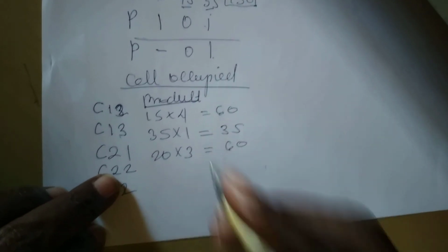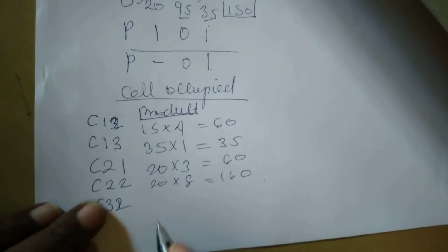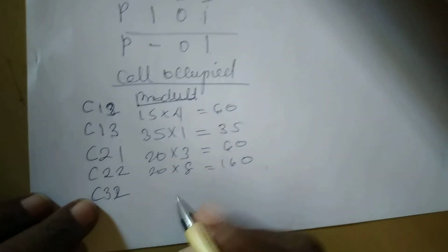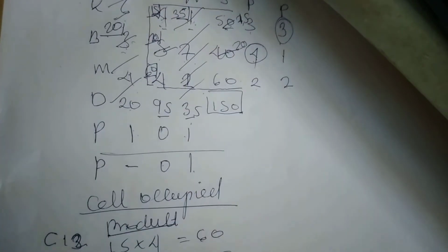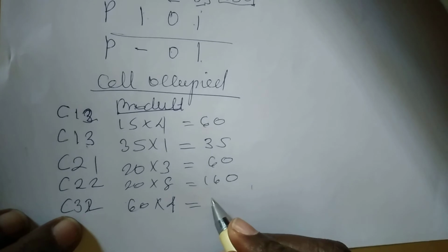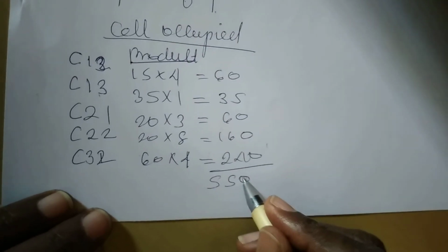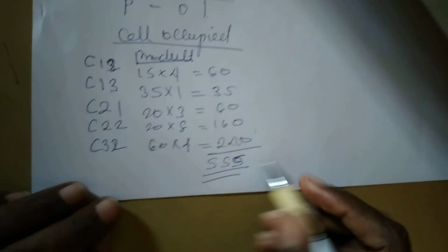C22 is 20 times 8, which is 160. And then C32 is 60 times 4, which is giving us 240. Now, when you total this, you will get 555.